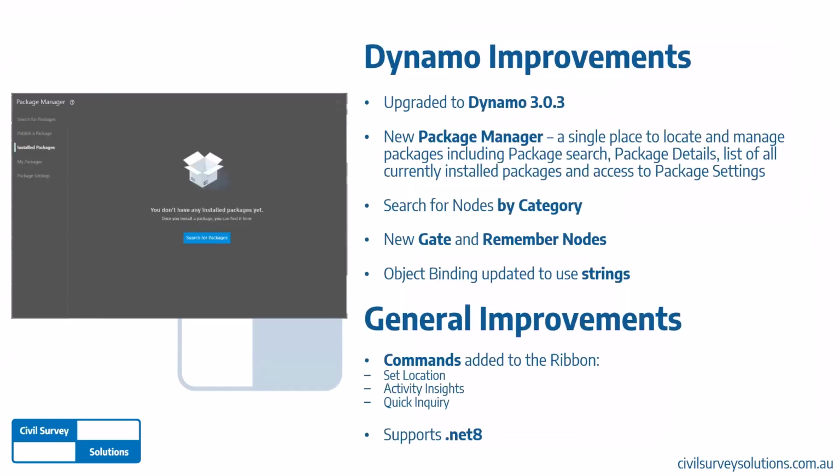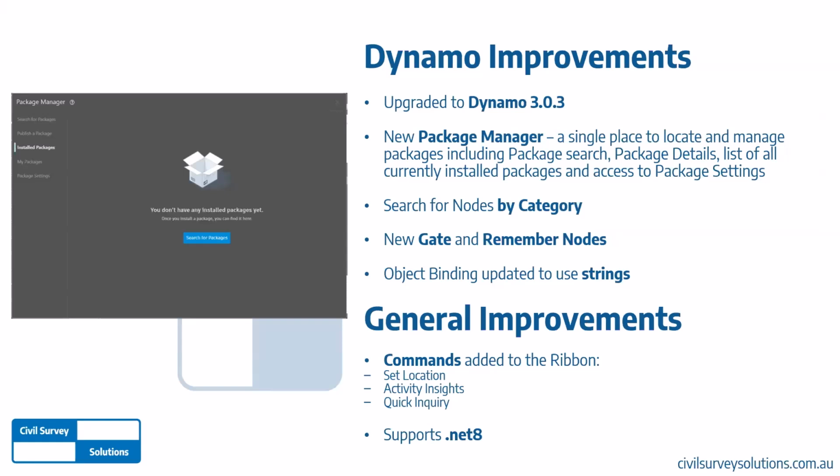So some more improvements for Civil 3D. The Dynamo has been upgraded to 3.0.3, and it also includes a new package manager, which allows you to access your package lists and which packages you have installed all in one location.